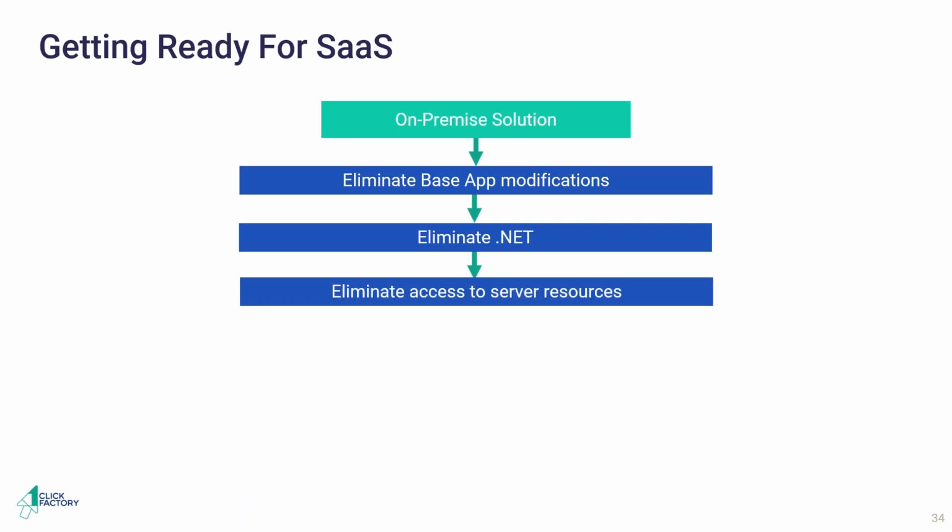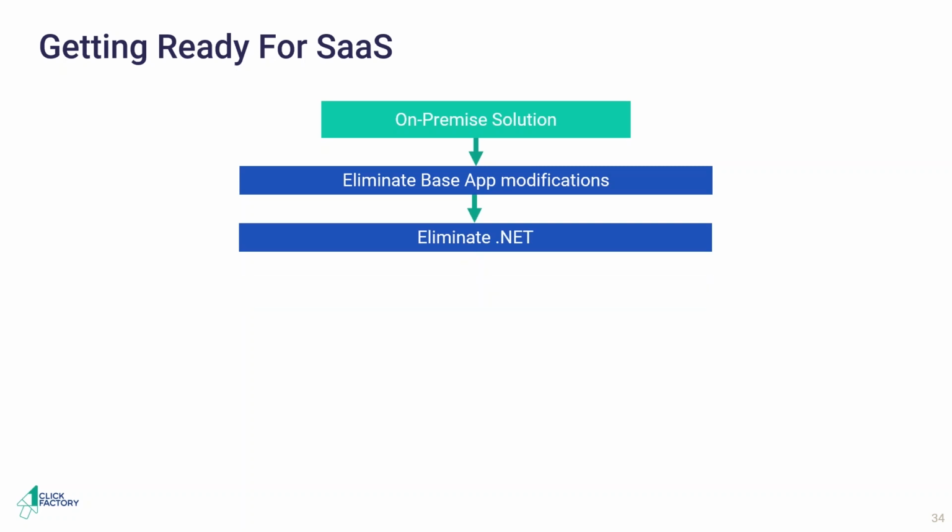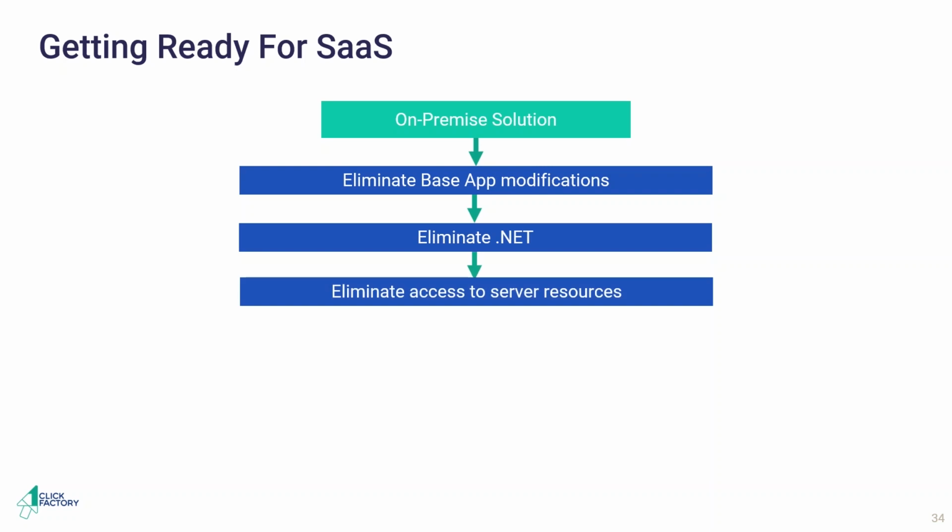The next thing is that I need to eliminate any type of .NET functionality because it will not be available on the SaaS tenant of Business Central. Lastly, if I am using any functionality that should have access to any server resources, maybe file downloads, uploads, etc., I would need to re-implement them in a separate way.